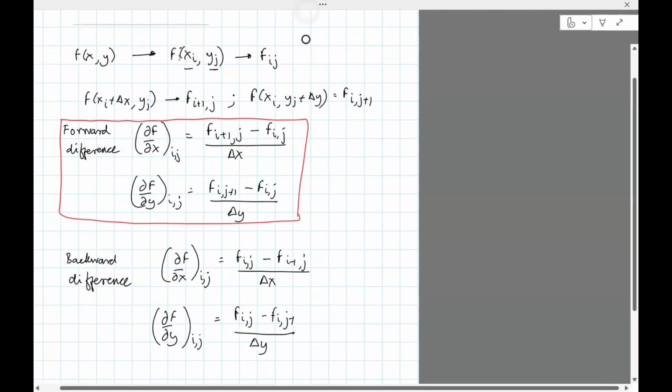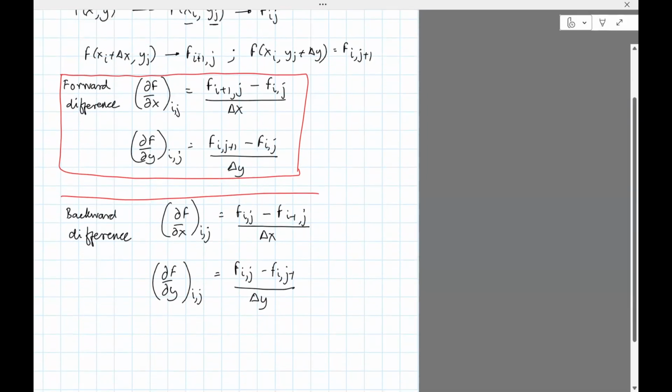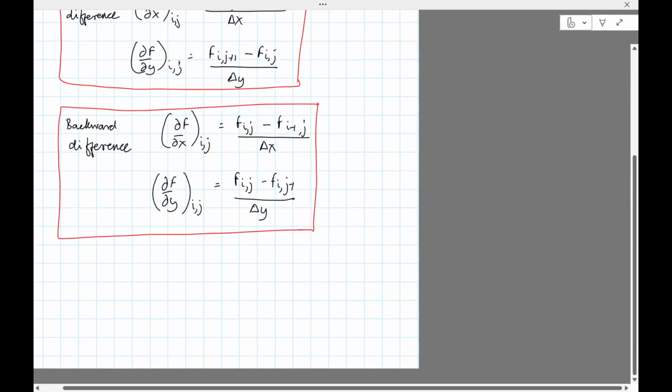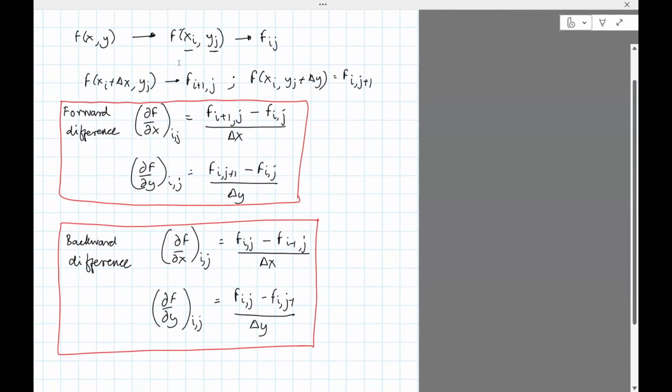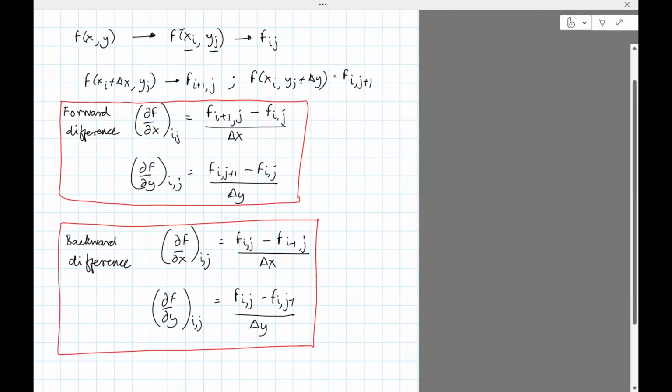And similarly for delta y. Okay, we can also do a central difference. Running out of space, so I'll take a new page. So central difference looks a little bit forward, a little bit backwards. So let's do central difference.